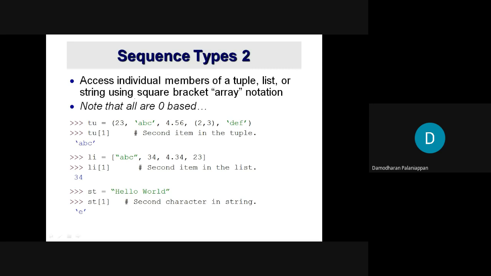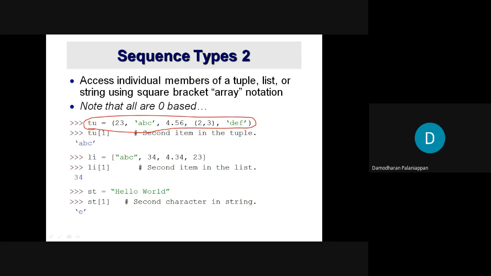Okay, in the first slide we saw how to create or define the list, tuples, and string. Now we're going to access the data from the list, tuple, and string. How can we access the data? You can see the string is created, and the tuple is created here with different data types.